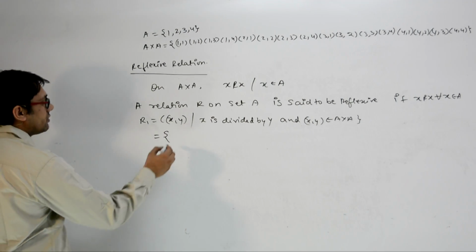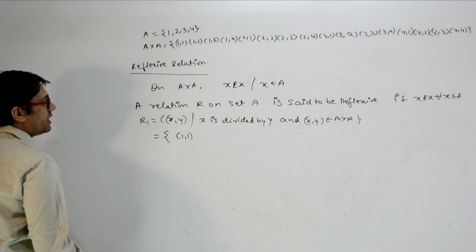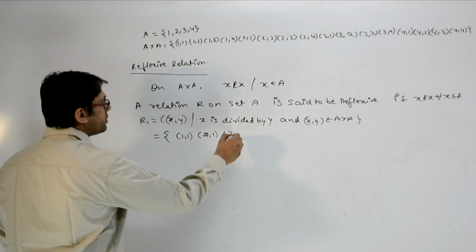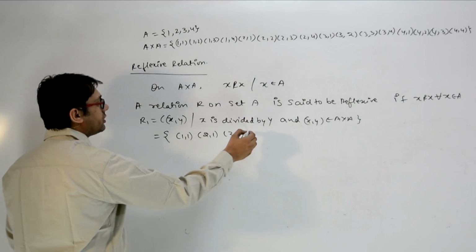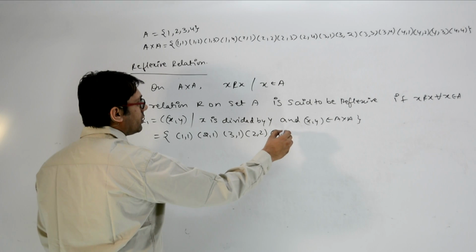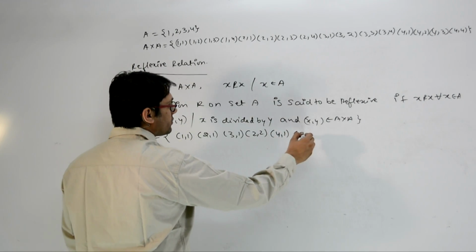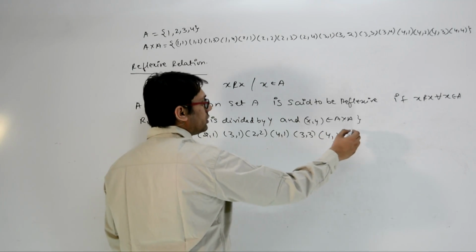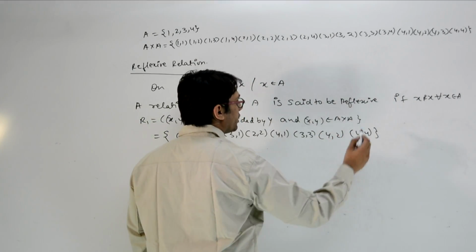It has 1, 1 because 1 divides 1; 1, 2 because 1 divides 2; 1, 3 because 1 divides 3; 2, 2 because 2 divides 2; 1, 4 because 1 divides 4; 3, 3 because 3 divides 3; 2, 4 because 2 divides 4; and 4, 4 because 4 divides 4.